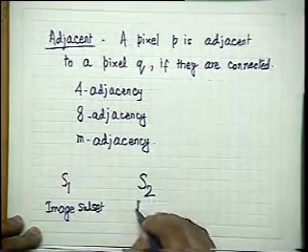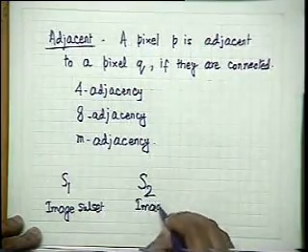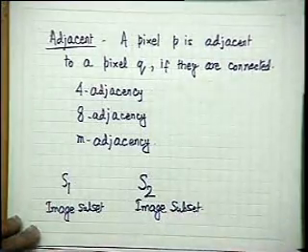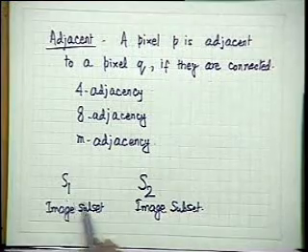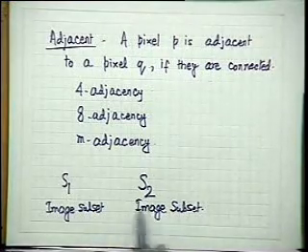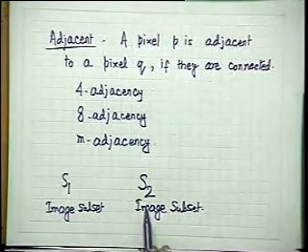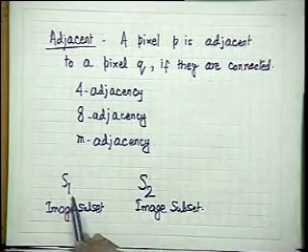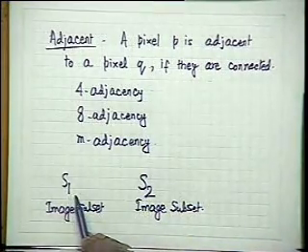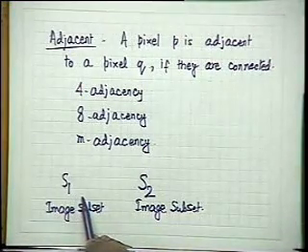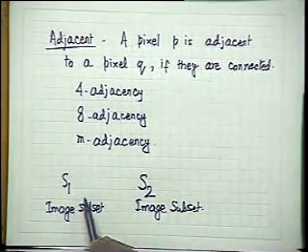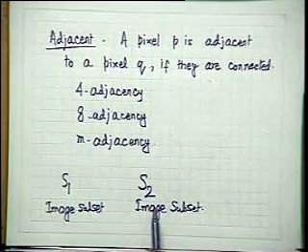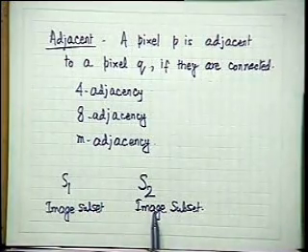We will say that S1 is adjacent to the subset S2 if any pixel belonging to this image subset S1 is adjacent to any other pixel in the image subset S2.